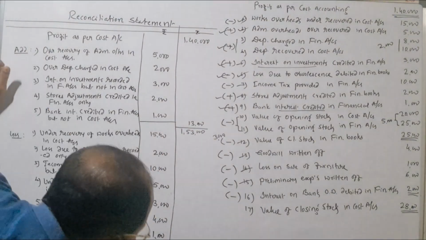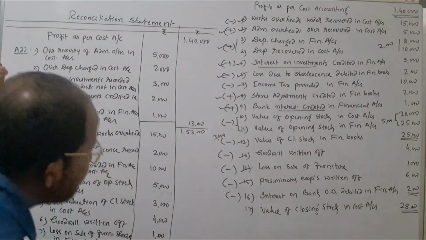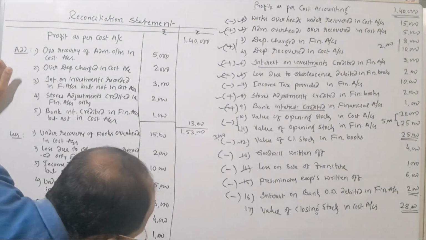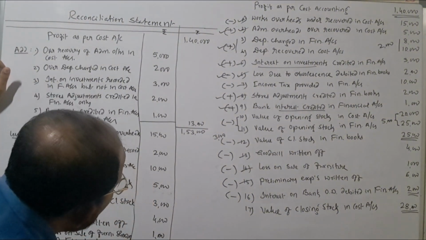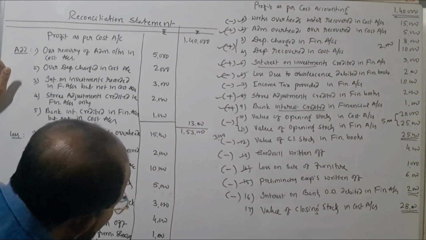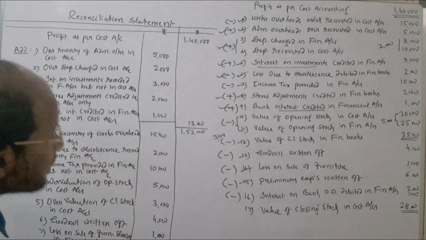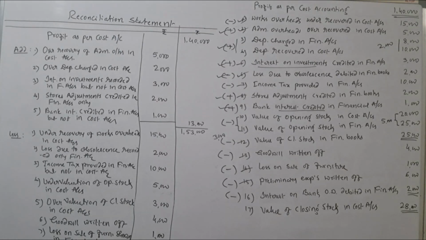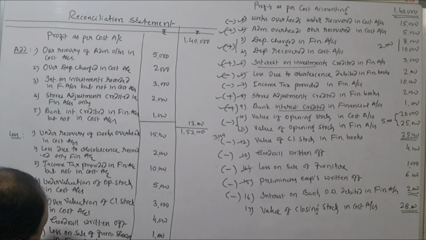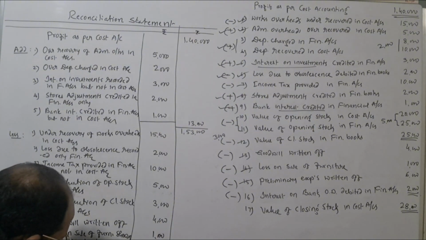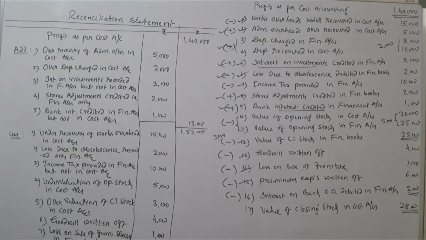Now this one is to be deducted here. 13 minus 8, 5, 1 remains 0. Next one is 1, 1,05,000 we are going to get. This rupees 1,05,000 is nothing but profit as per financial accounts.